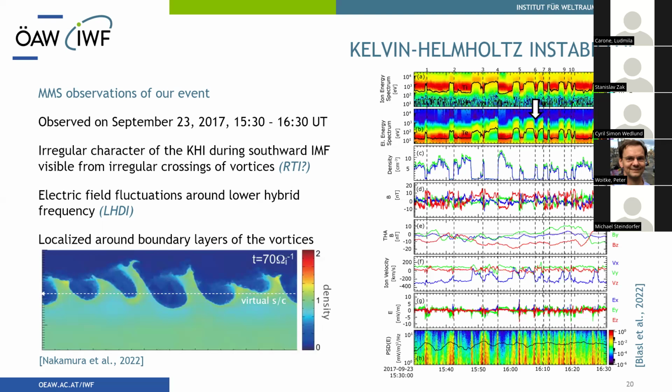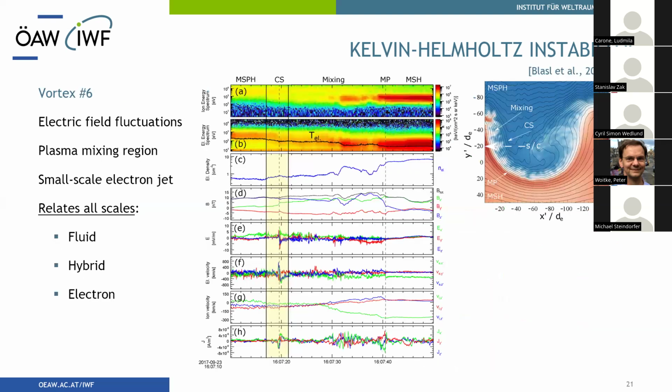This can be seen in more detail if we zoom into the vortex number 6 here. So that's a crossing of one of these vortices. You can see again from low density to high density side. On the right hand side, again, 3D simulation, and you go from low density to high density here.